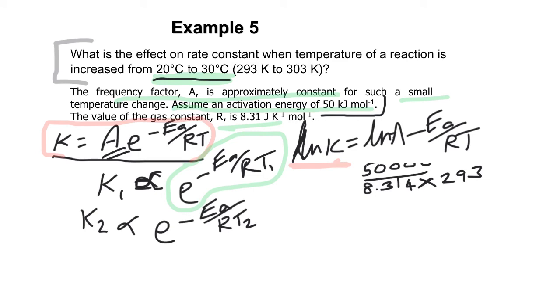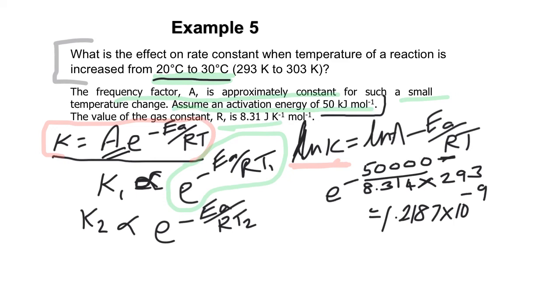If you work out this value, it comes to 1.2187 times 10 to the power minus 9.